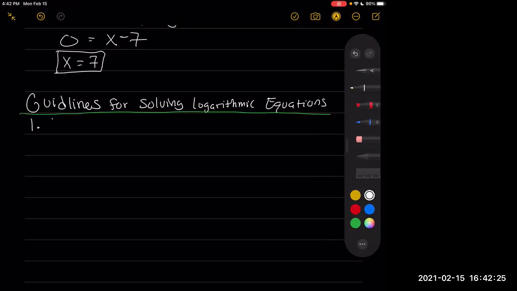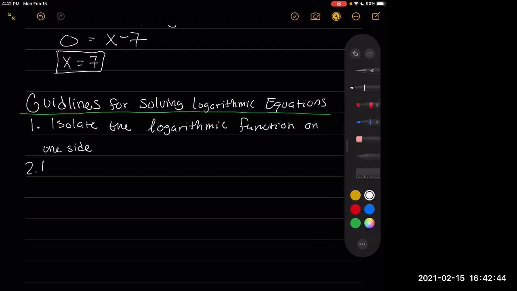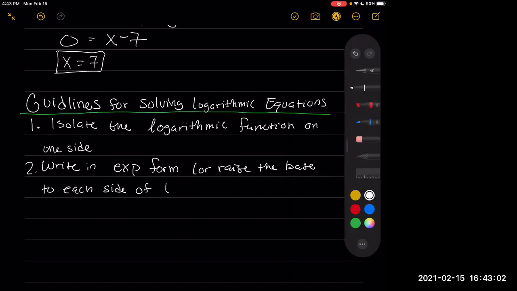So first, we're going to isolate the logarithmic function on one side. 2, we're going to write in exponential form, or raise the base to each side of the equation. And then 3, we're going to solve for the variable.